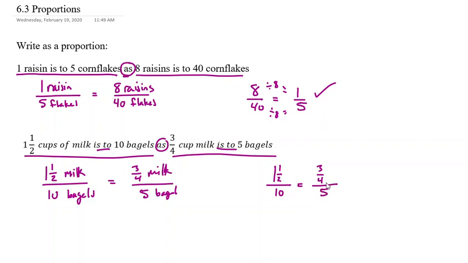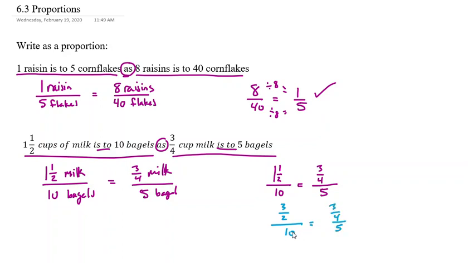Now, here is the big secret. Proportions can be evaluated by taking each fraction and simplifying it into simplest terms. So I can do that with 1.5 to 10. Let's see, 1 times 2 is 2, so 2 halves plus 1/2 is 3 halves. So this is 3 halves to 10 equals 3/4 to 5.